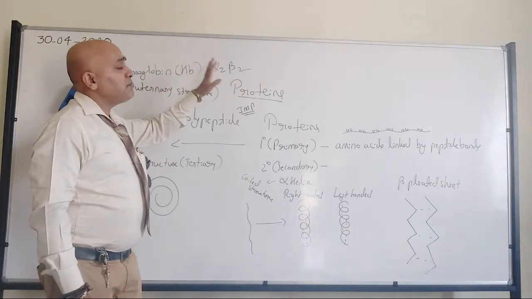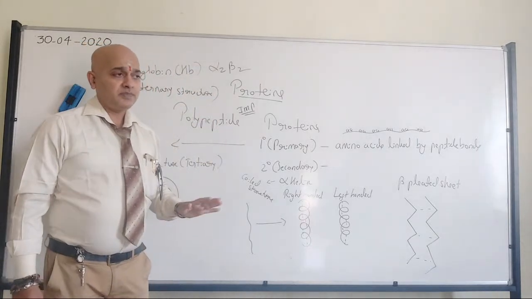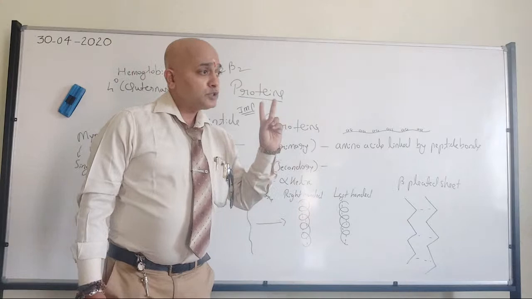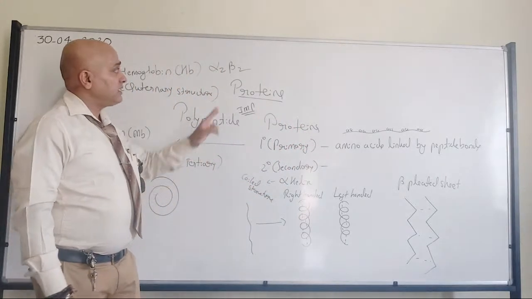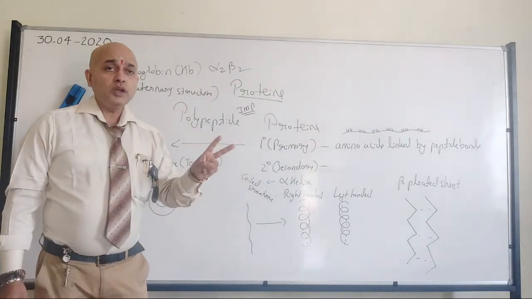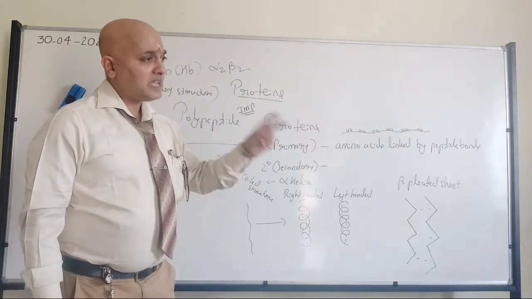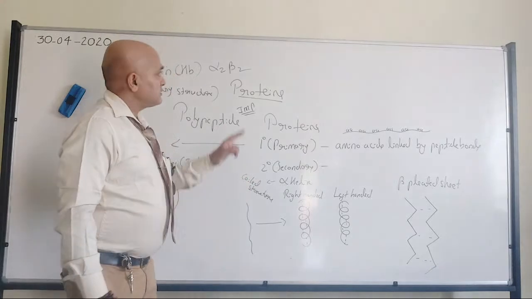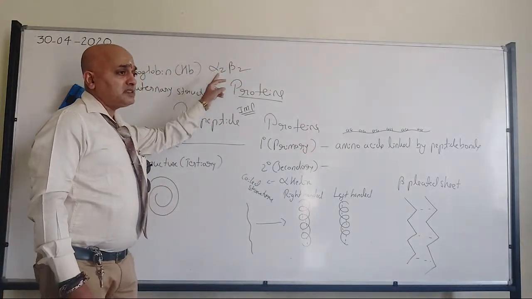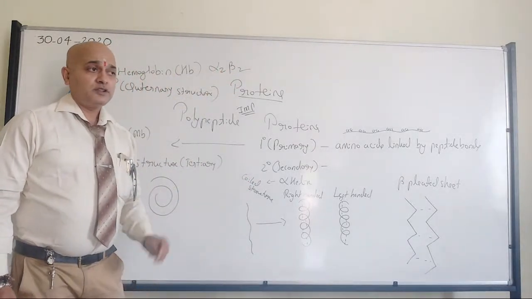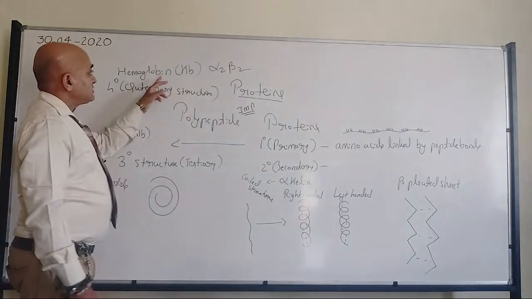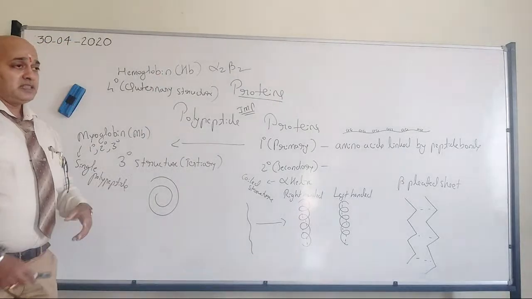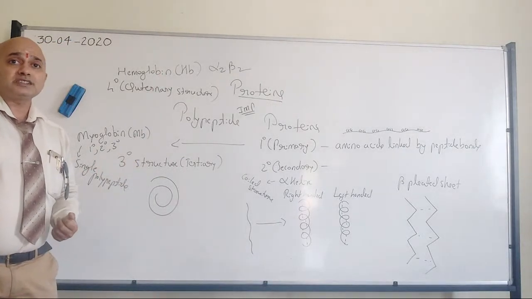It is the name of the polypeptide they have kept. Alpha 2 means 2 alpha polypeptide chains, same polypeptide. Beta 2 means 2 beta polypeptides of the same type. Okay? So a total of 4 polypeptides are present: 2 alpha, 2 beta. Therefore it can show the quaternary structure.